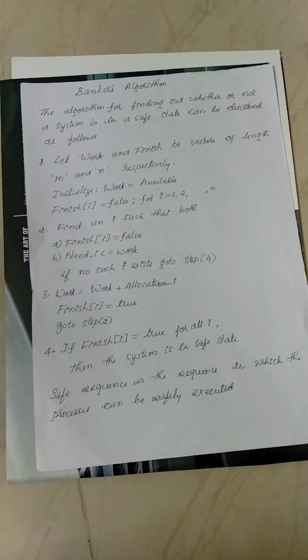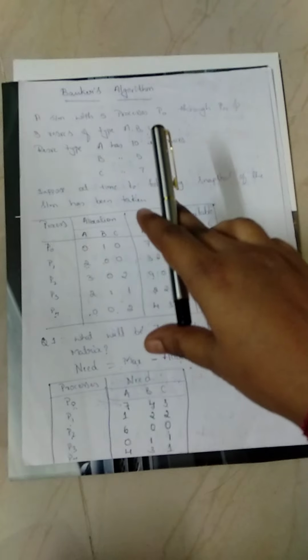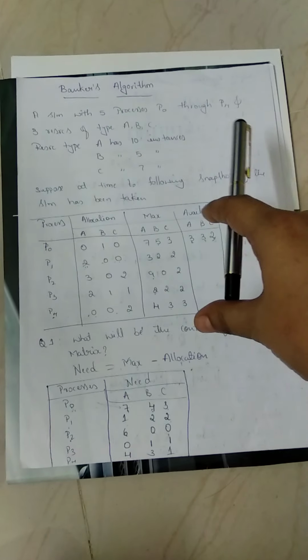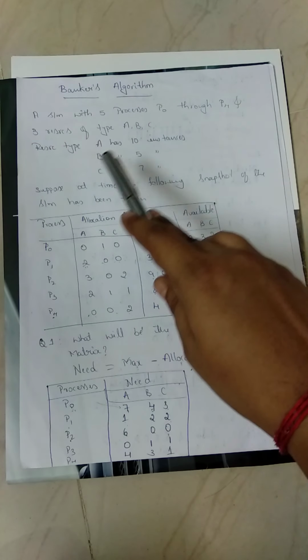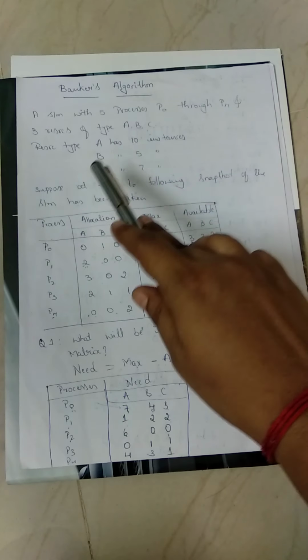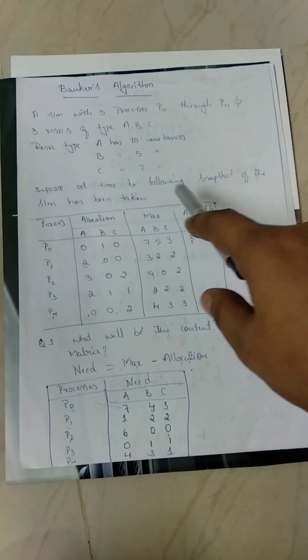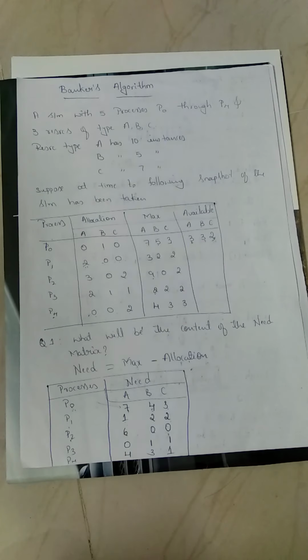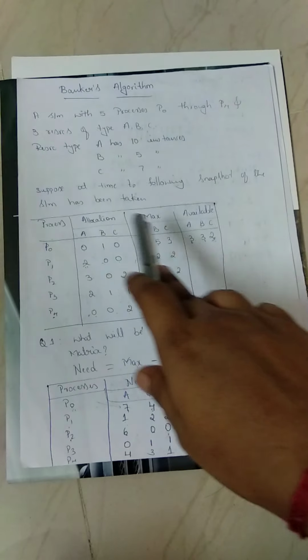Now we'll see an example. A system with 5 processes P0 to P4 is given, and 3 resource types are given: A, B, C, where resource type A has 10 instances, B has 5 instances, and C has 7 instances. Suppose at time t0, the following snapshot of the system has been taken.